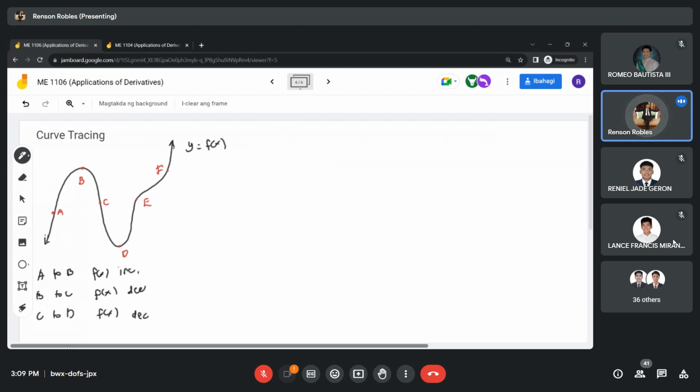And then from D to E and E to F, so D to F, the function f of x increases.